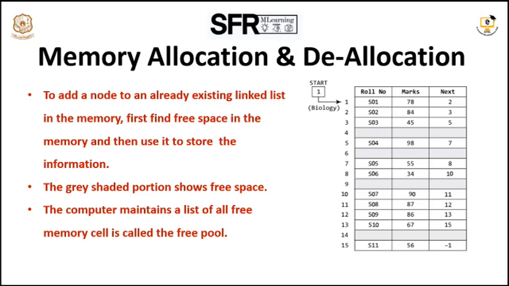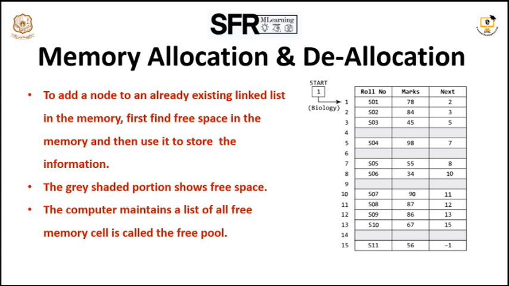When we delete a node from the linked list, a question arises: who changes the status of the memory occupied by it from occupied to available? The simple answer is that the computer does this operation on its own without any intervention from the user. The computer maintains a list of all free memory cells.